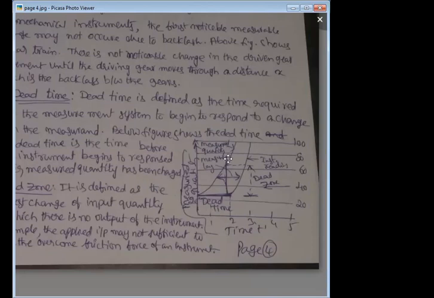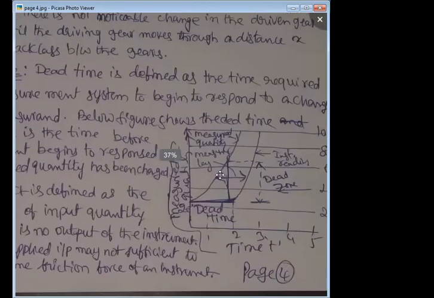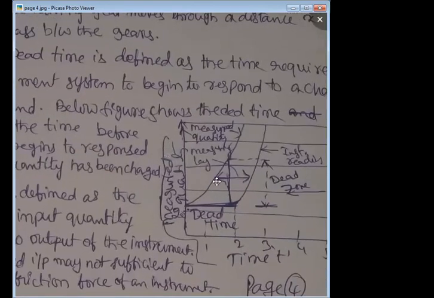Actually this is the curve of the measured quantity. We have to measure this much quantity, but the measurement instrument does not respond until the quantity has changed up to this point. Up to that point the instrument has zero output.